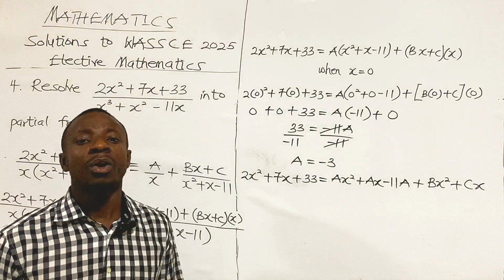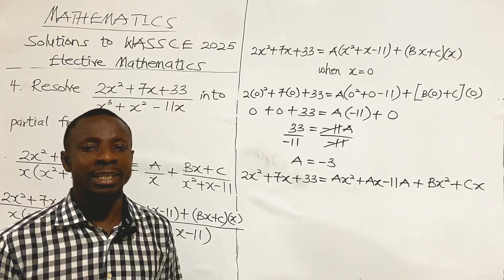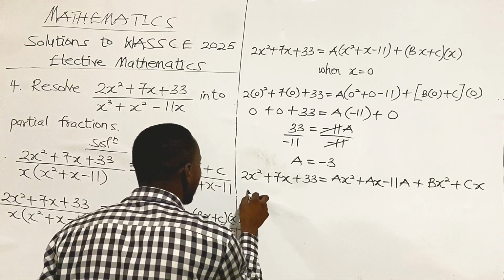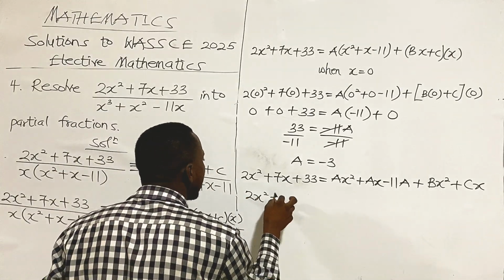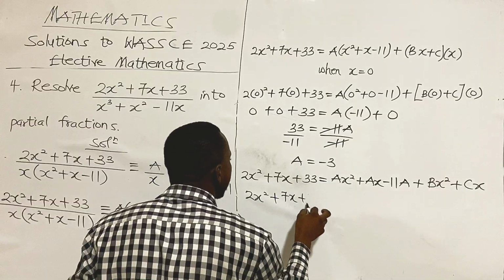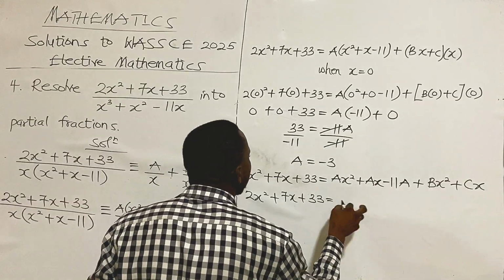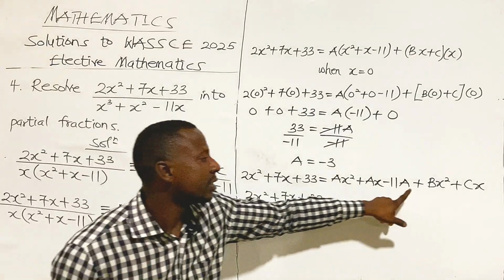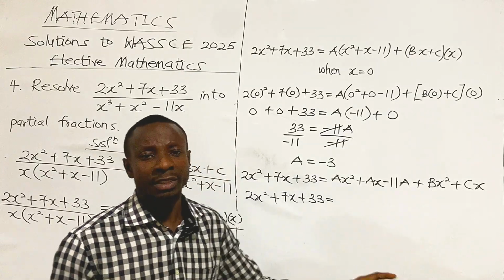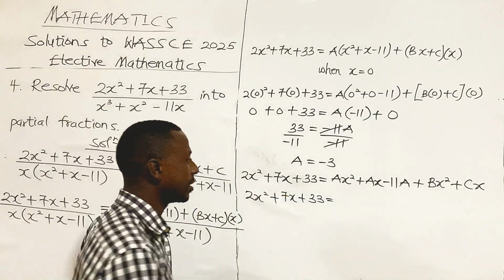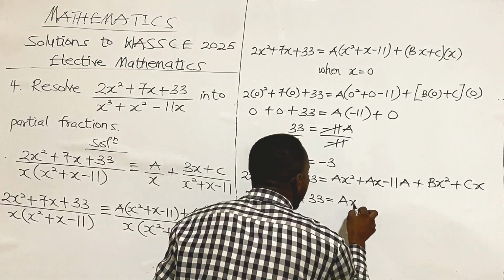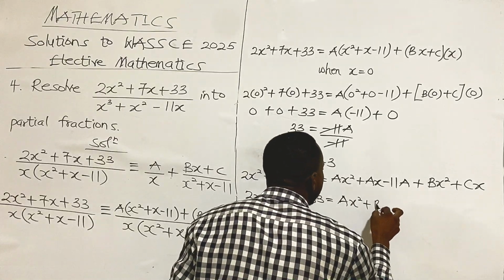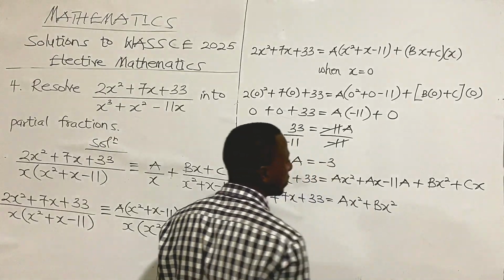When you get here, we need to group like terms. So I have 2x squared plus 7x plus 33 is equal to, I have ax squared here. I also have bx squared. So they all come to one side. Ax squared plus bx squared.